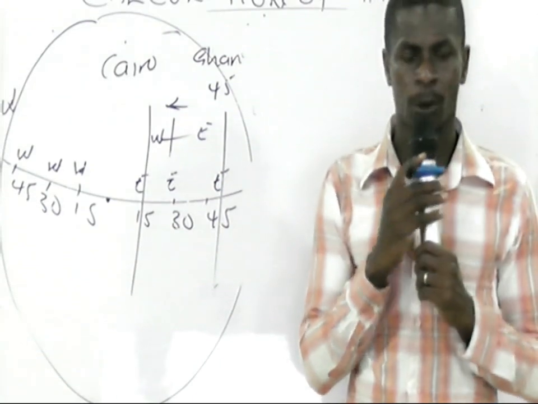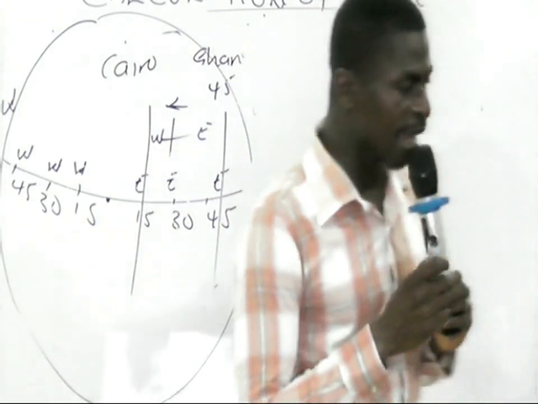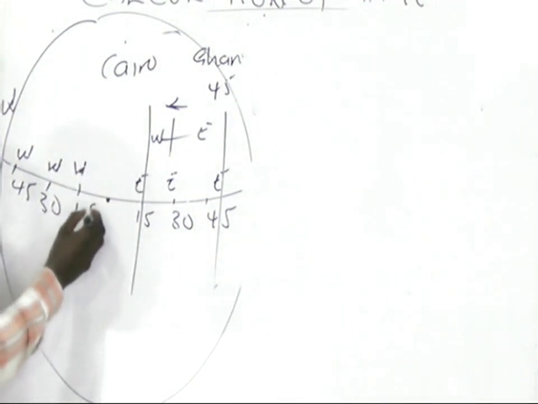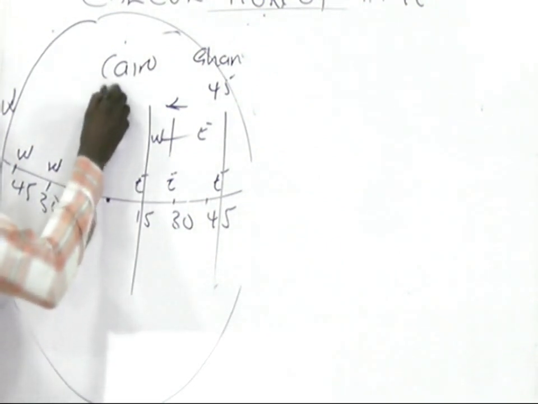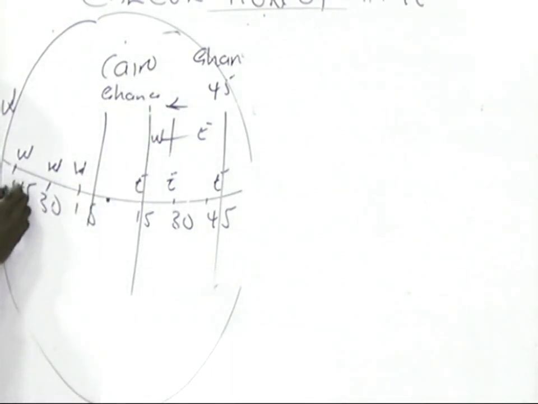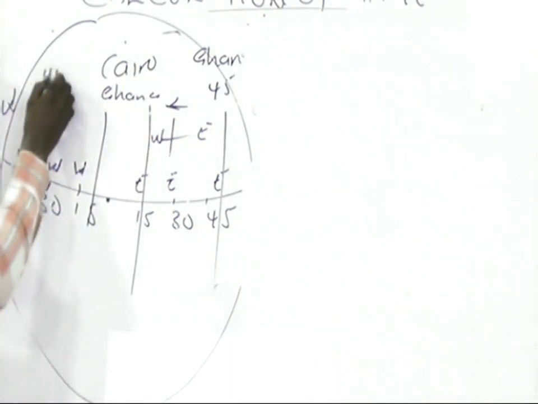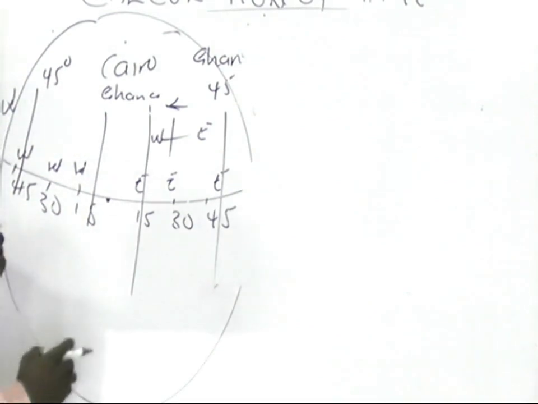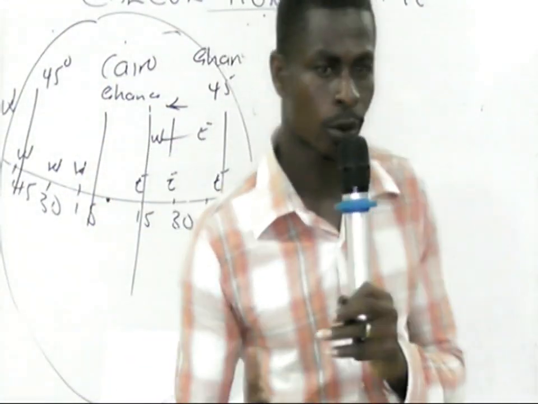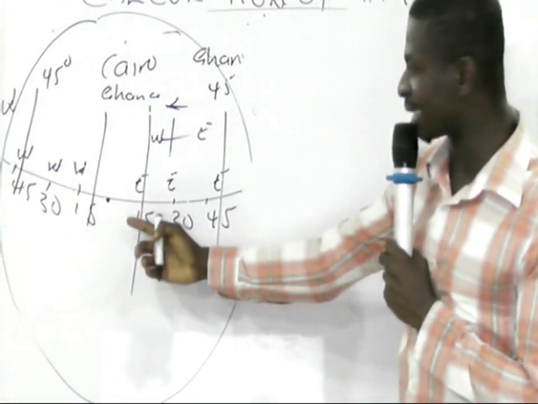I'm going to make it west-west. So now if it is west-west, I am going to pick Ghana will be 15, and then Cairo will be 45. But they are still lying on the same zone, west-west.